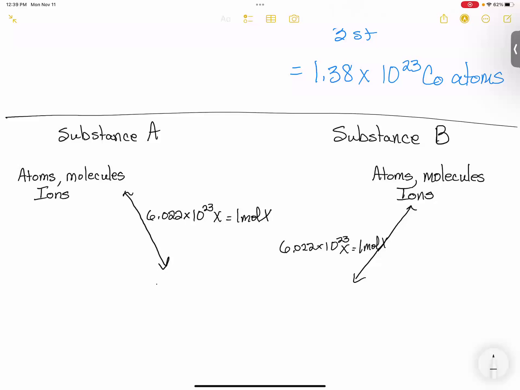That will allow you to convert to moles. What's the conversion factor that allows you to go between two substances? A mole to mole ratio.